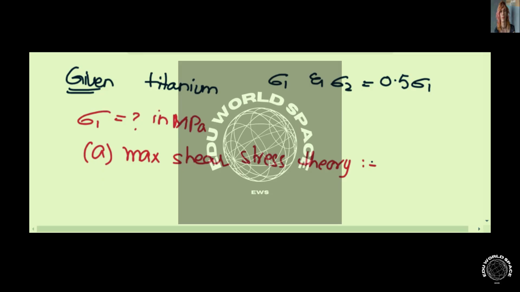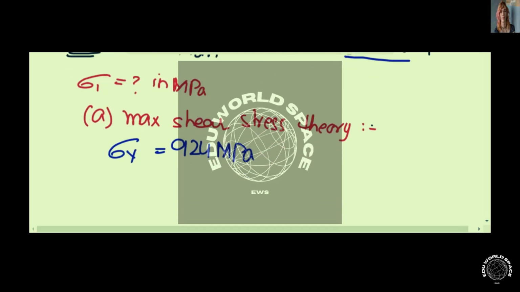If you look at page number 881, where there are tables and charts, we find the yield strength for the material to be equal to 924 megapascals. And we are given this relationship. So if we rewrite this relationship, we have sigma sub 2 is equal to 1 divided by 2 sigma sub 1.